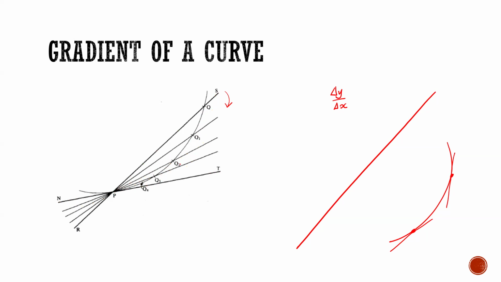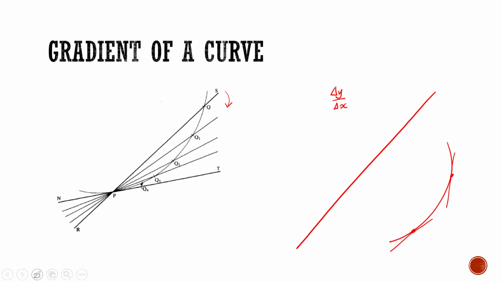This is important because the gradient of the chord PQ tends to the gradient of the tangent at P as Q moves closer to P, and this will help us determine the gradient of a curve. I'll just say that again. As the rod is rotated, Q moves closer to P, and you can see that the gradient of PQ becomes closer and closer to the gradient of NT, which is the tangent at point P.